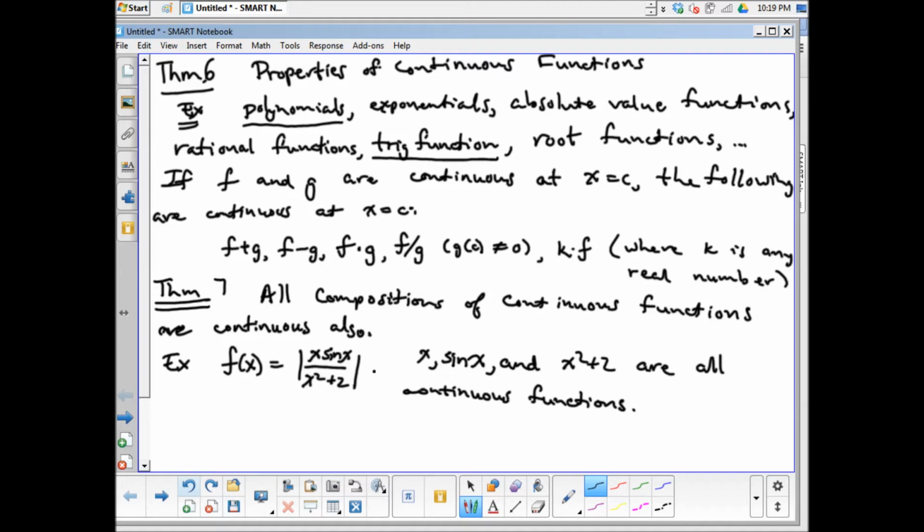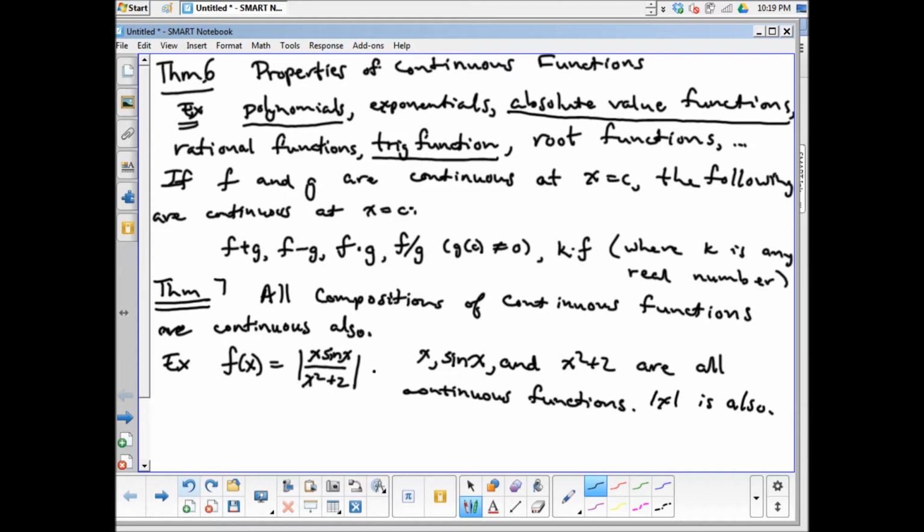Absolute value of x is also continuous. Notice there's an absolute value going on here. Now it's not absolute value of x, it's absolute value of some other things, but it is nonetheless a continuous function. It's also up here. Absolute value functions.